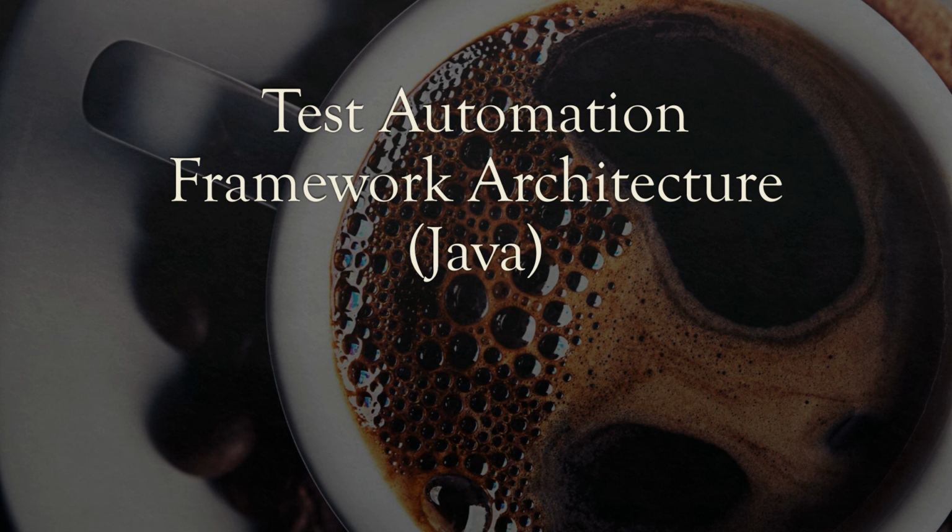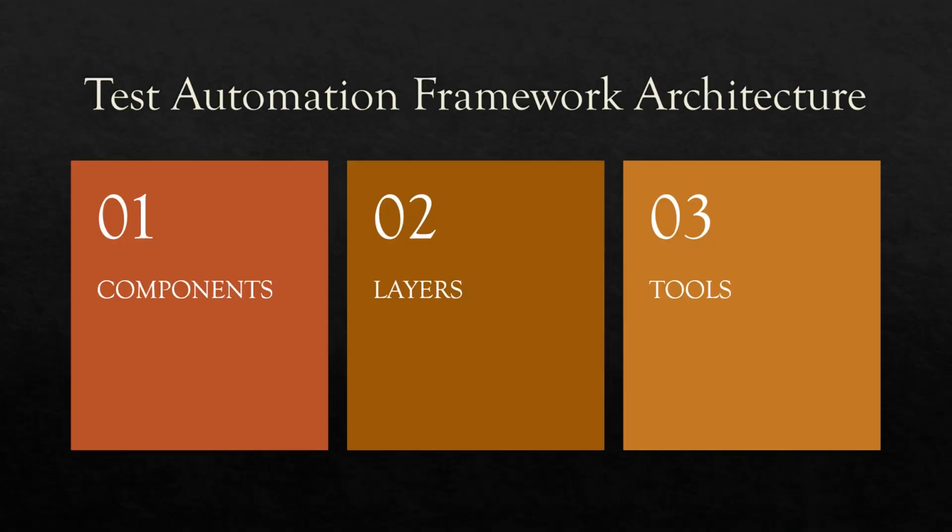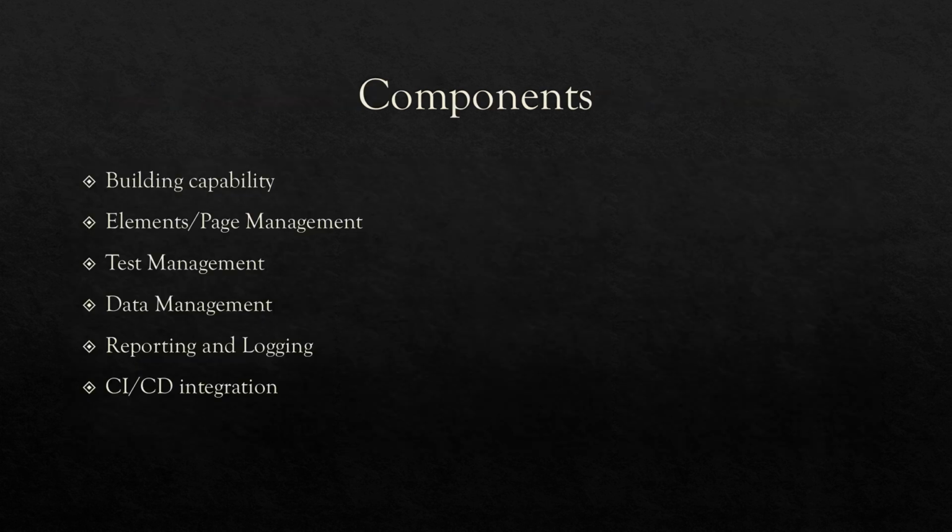After that you can explain the framework in three parts: components, layers, and tools. Components are what a particular automation framework is capable of doing, like build capability. My automation framework would have page management.